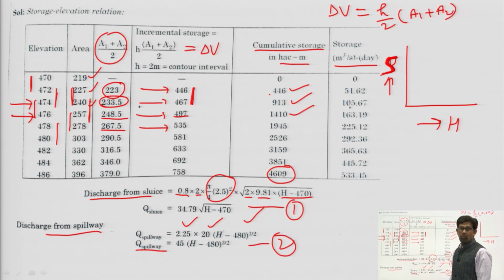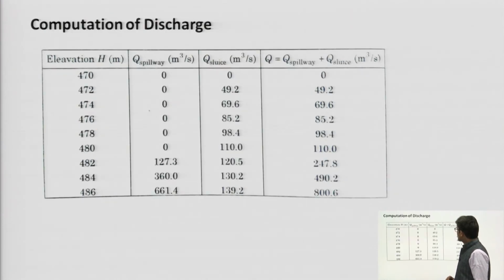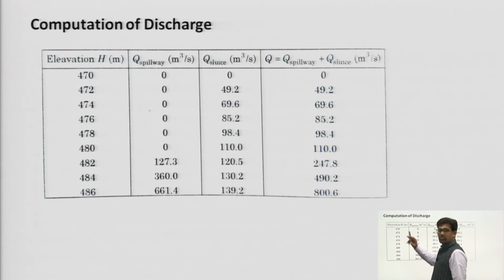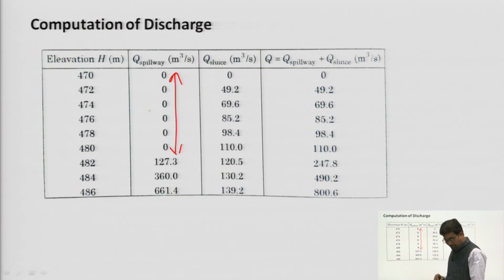So from equation 1 and 2 we can calculate the total discharge through this table. At elevation h, the discharge through the spillway will be 0 up to 480. Why? Because there will not be any discharge.